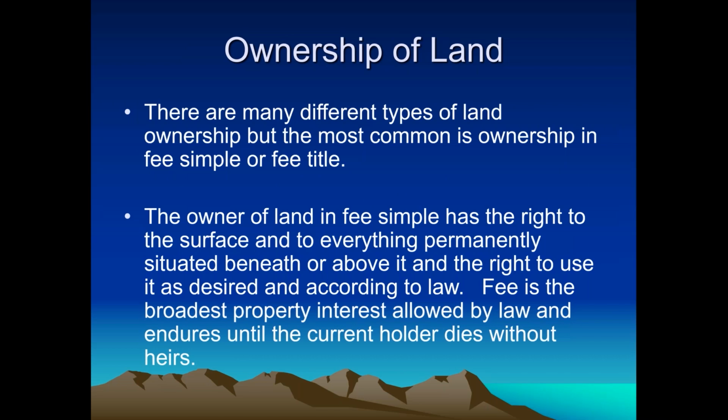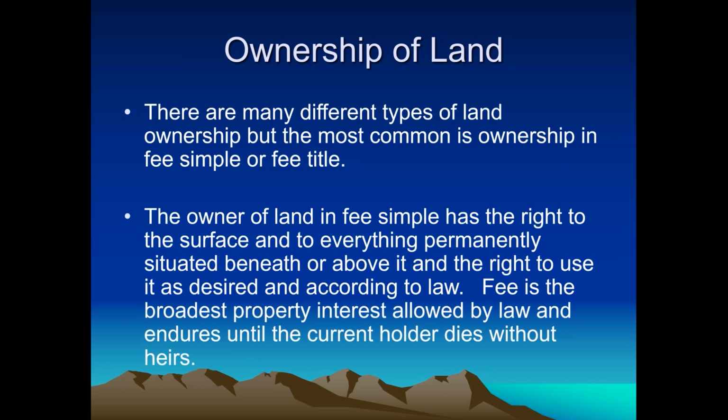I guess there are many different types of land ownership, but the most common is fee simple or fee title. So this basically means that the owner of the land, if you own it in fee simple, has the right to the surface, to everything underneath it. So of course you're talking about oil and gas and minerals, all those mineral rights, and the right to what's above us.